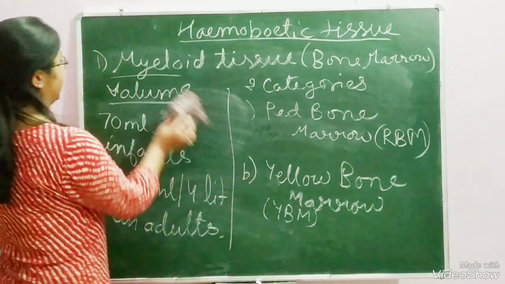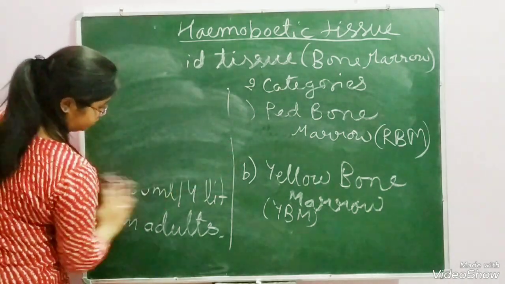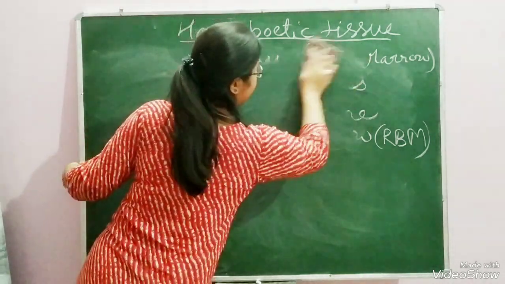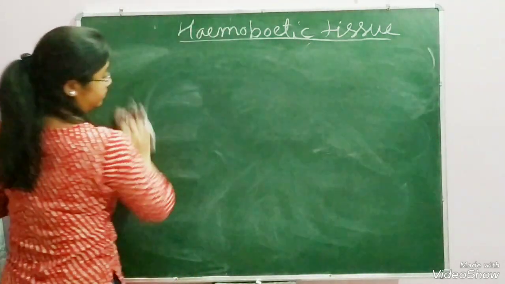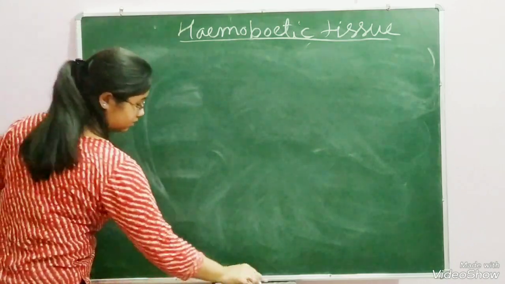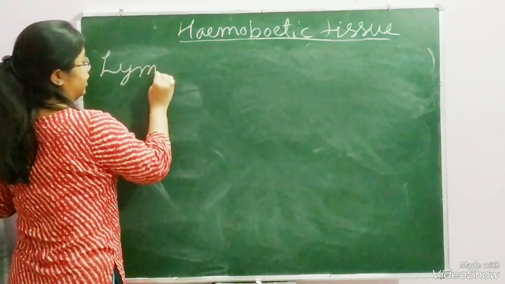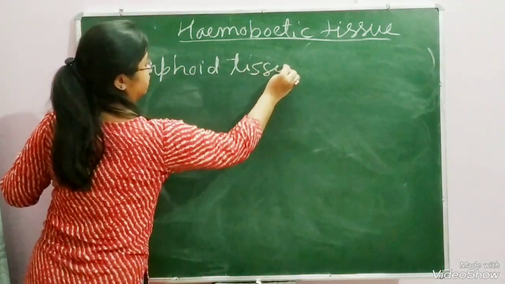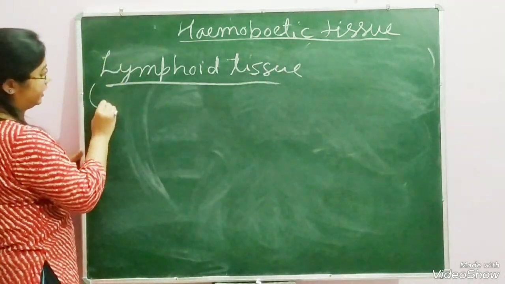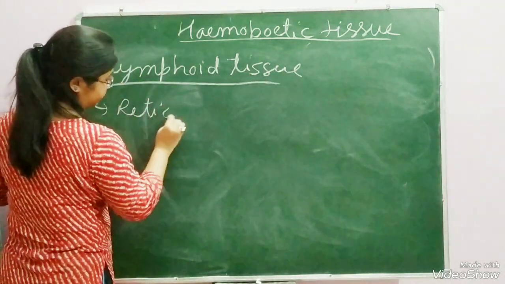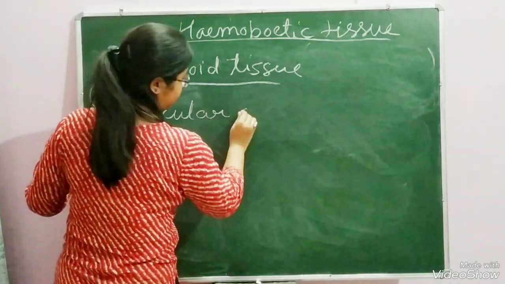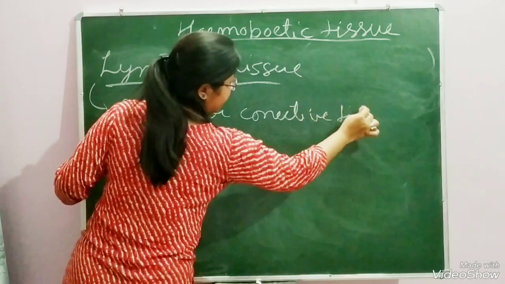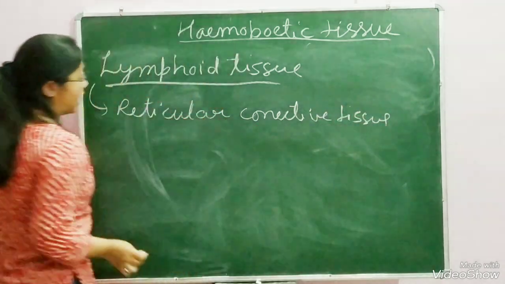Next is lymphoid tissue. So, what is lymphoid tissue? It is a reticular connective tissue in which lymphoid organs are present.